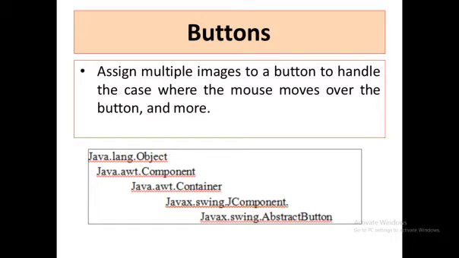Object is a class, that is the cosmic class. The J should be a small one, because as we know all the package names are in small letters. So the first one is java.lang.Object, whose properties are inherited in all other subclasses, or we can say the derived classes.